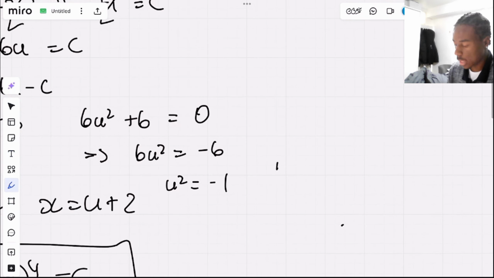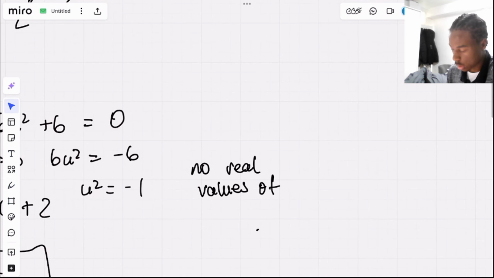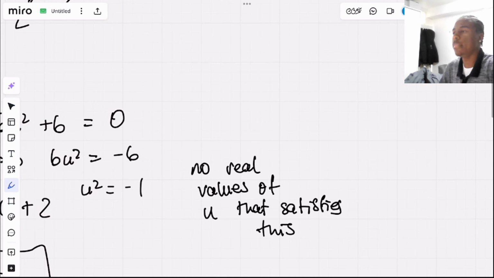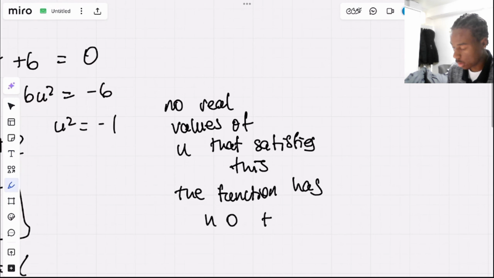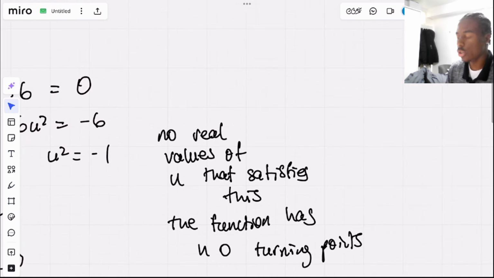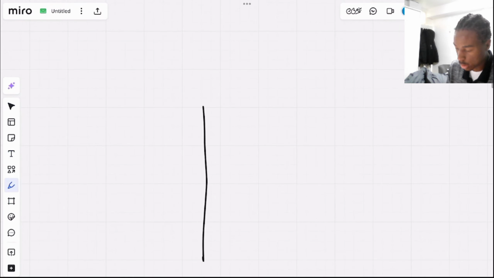But again, there's no real values of u that satisfy this. So what does that mean? That means that the function has no turning points. So it's a cubic with no turning points.